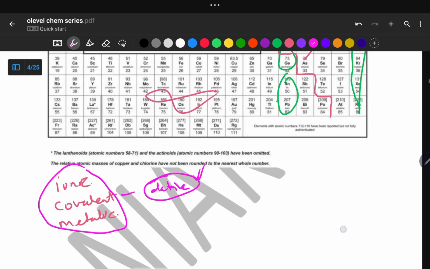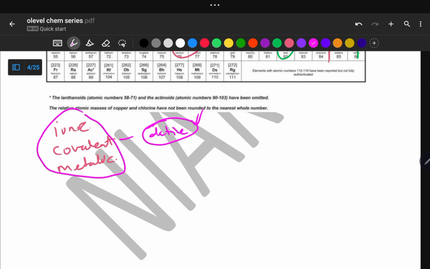So, ionic bonding. First you need to understand the definition of bonding. Chemical bonding is governed by electrostatics, right?